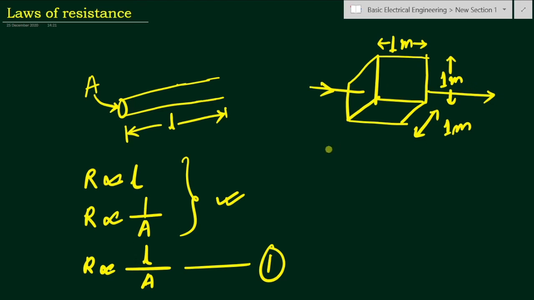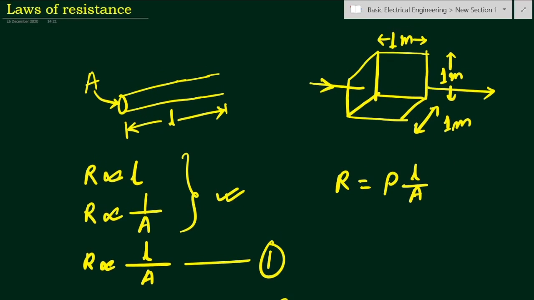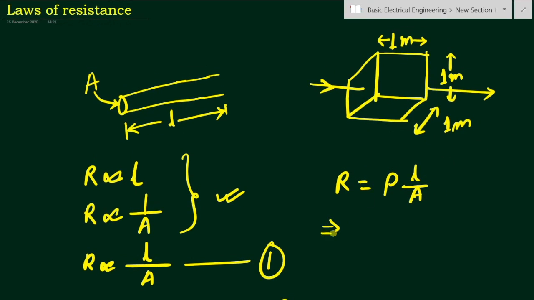So R equal to rho L divided by A. This L is 1 meter, so we'll replace it. Therefore R is equal to rho times 1 meter, divided by A, the area of cross section. This area is length into breadth, therefore 1 into 1, which is 1 meter square.